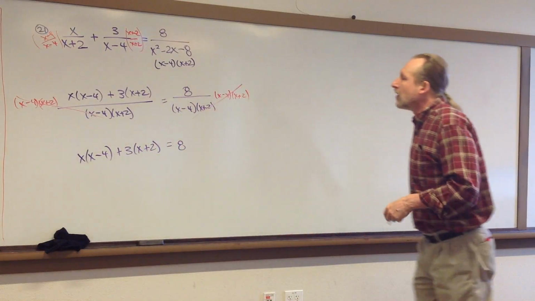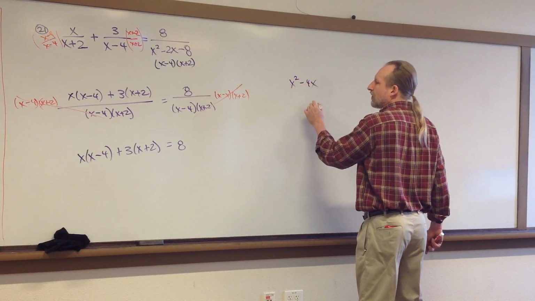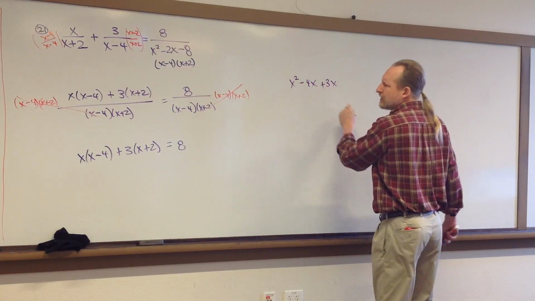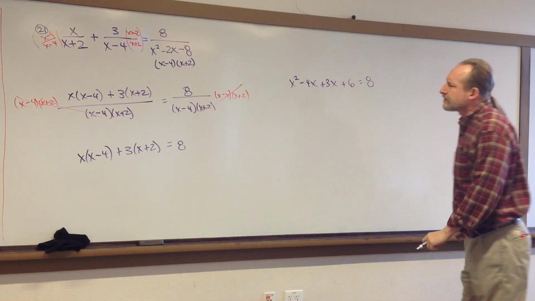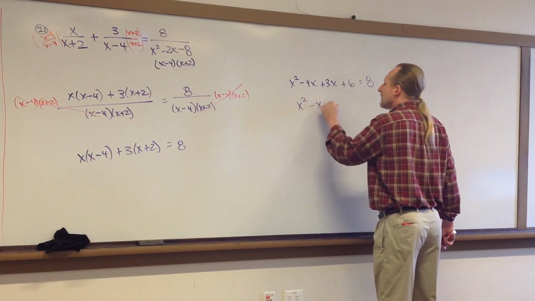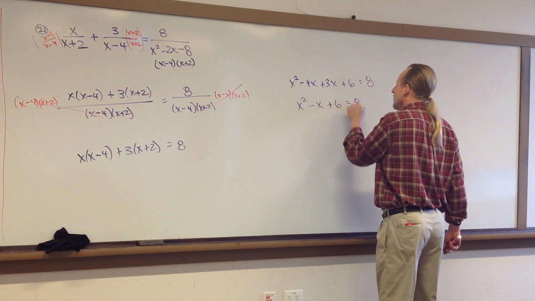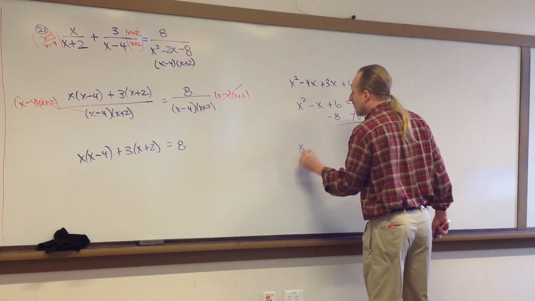Not so bad. So let's distribute. That'll give us x squared minus 4x plus 3x plus 6 equals 8. Okay. X squared minus x plus 6 equals 8. Subtract the 8 over.